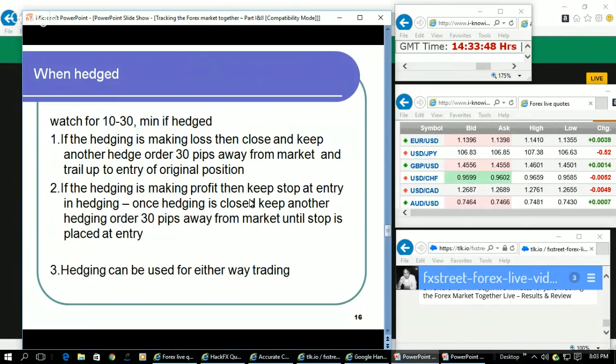If the hedging is making profit for 30 minutes and you feel that tomorrow they are going to drop, and the forecast also says that tomorrow they will make a dip before the rise, then you can wait for the rise to happen, book profit in the hedge, wait for the drop to happen, book profit on the sell side, and take another buy and wait for the subsequent rise when the trend is upward.